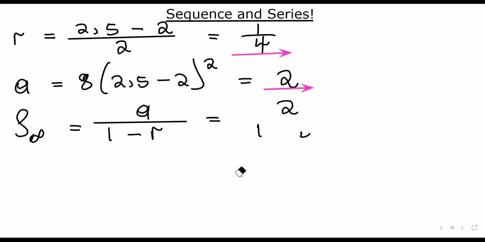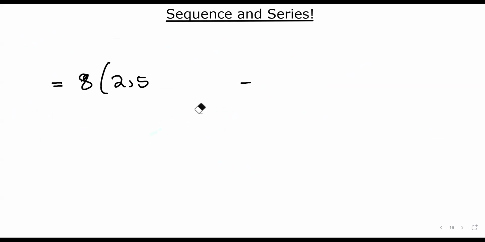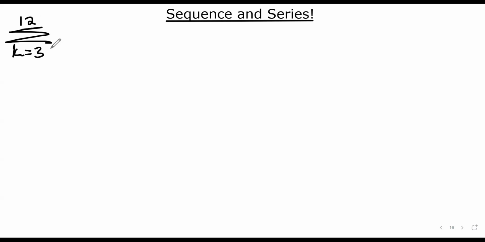Well, I'm just going to clear this one out. So we have the sum from k equals 3 to k equals 12.